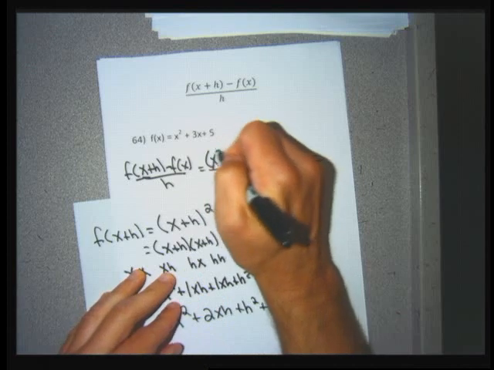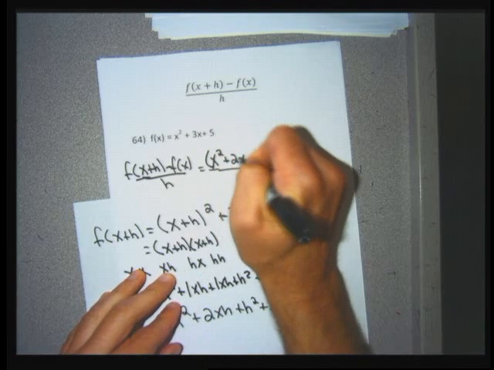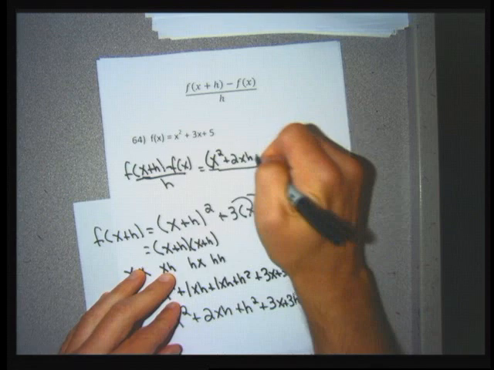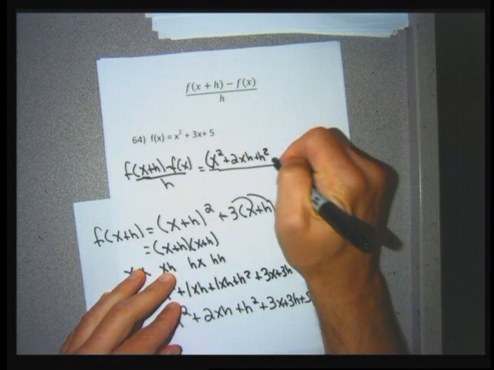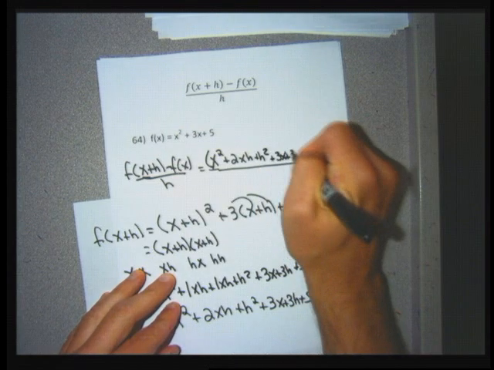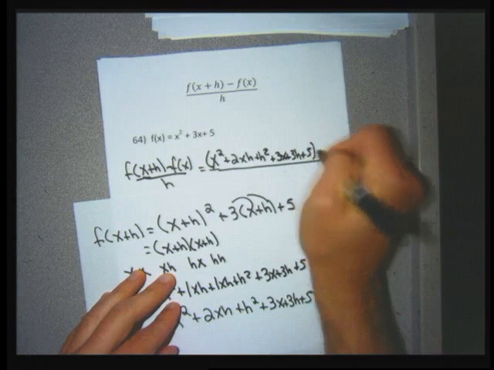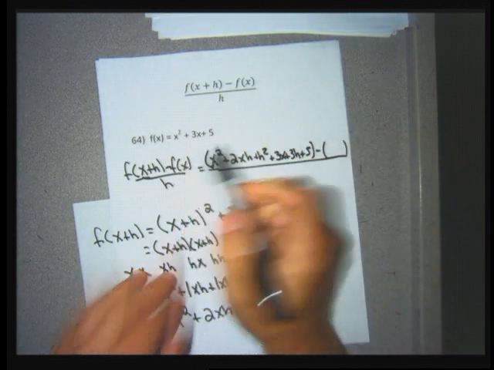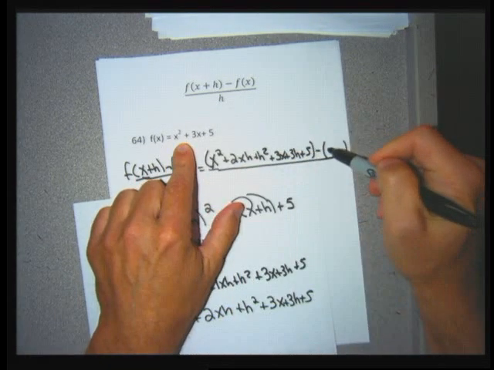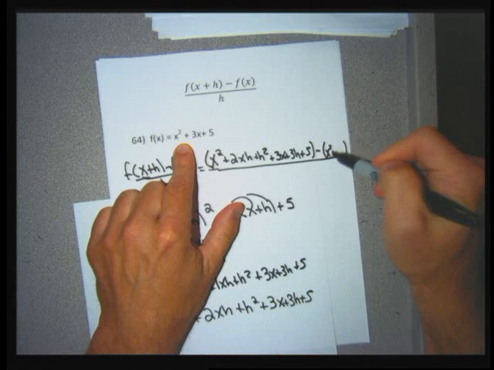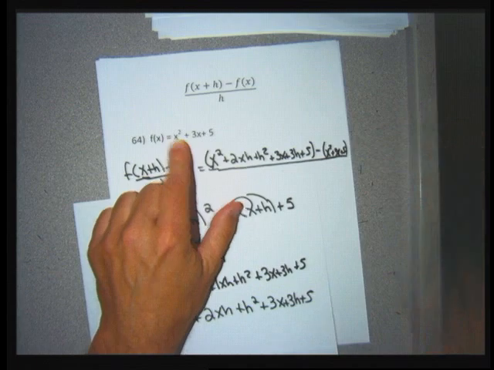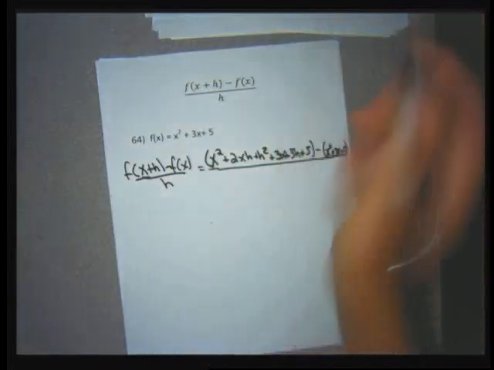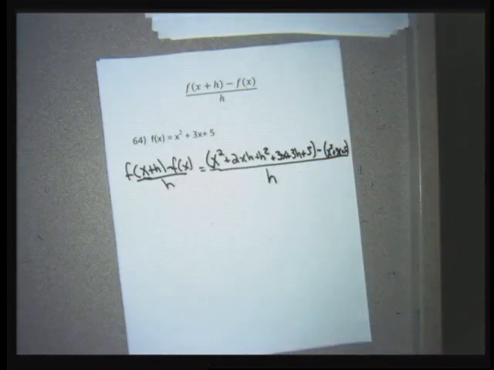I'm going to go x squared plus 2xh plus h squared plus 3x plus 3h plus 5, and then a minus sign. And then after the minus sign, I need to get rid of the f of x. Well, the f of x can be replaced with x squared plus 3x plus 5. The denominator doesn't have any f's to get rid of, so I'm not worried about it. I'm just going to leave it at h.